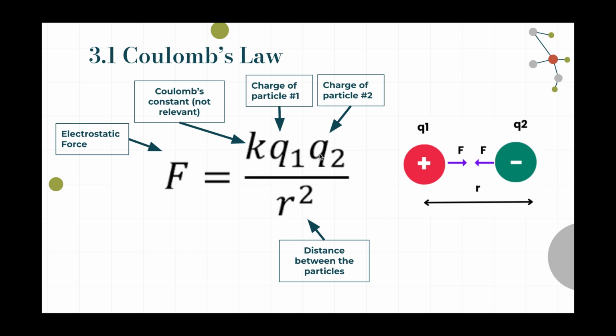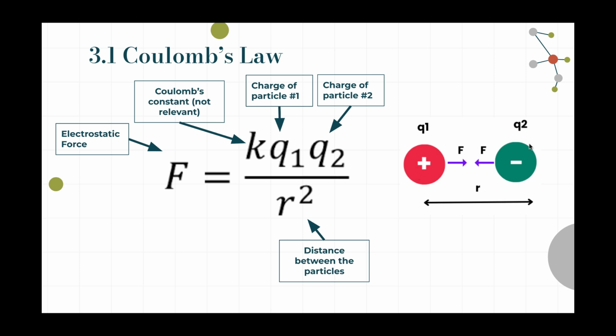Then we have Q1 and Q2, which represent the charges of our particles. Q1 could be a proton or an electron, and Q2 could be a proton or an electron. And down here we have R, which represents the distance between the two particles Q1 and Q2. We can see that representation here.